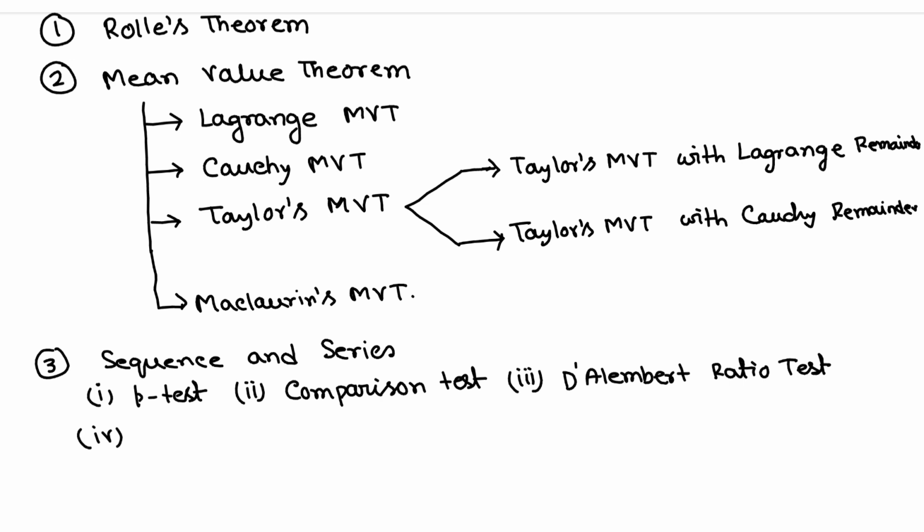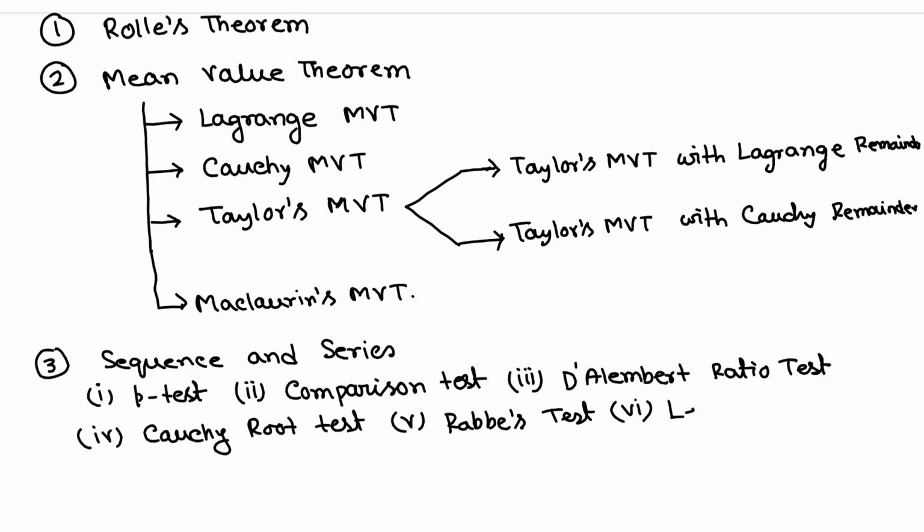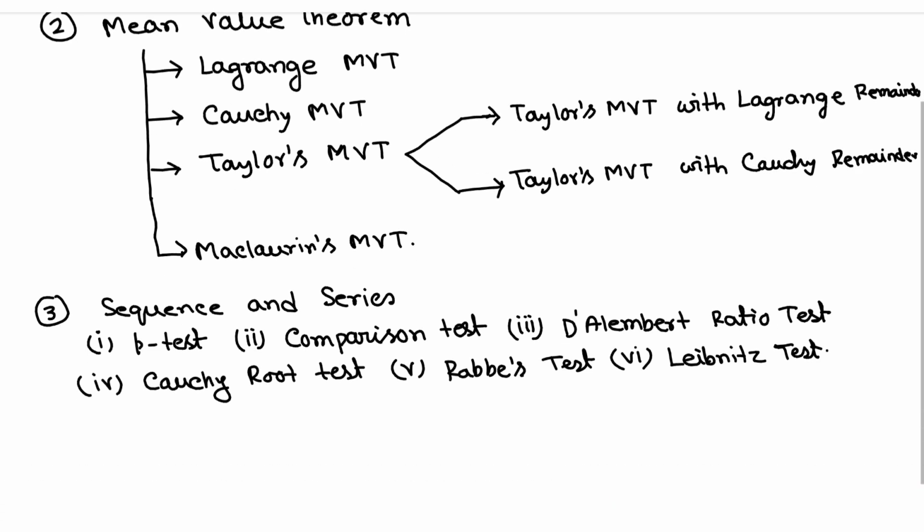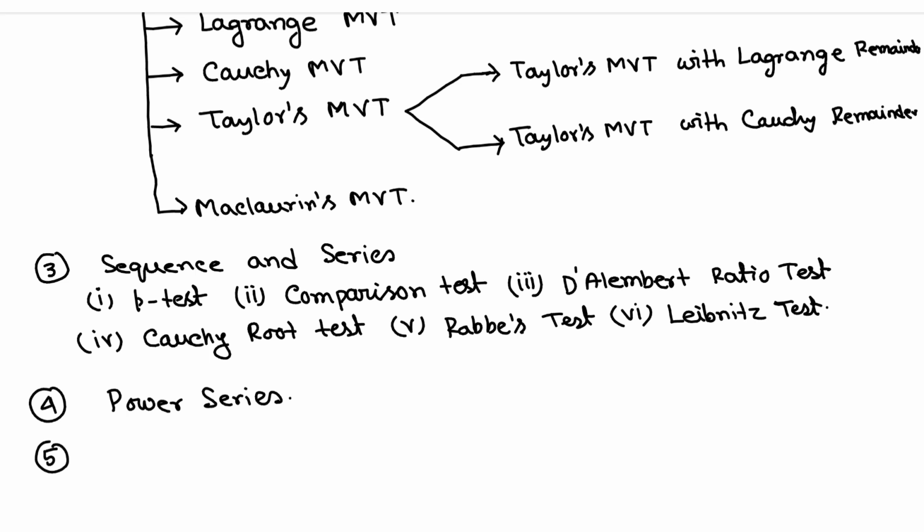Number 4, Cauchy root test. Number 5, Raabe's test. And number 6 is Leibniz test. Okay, also you have in your syllabus 4th topic, this is power series. Okay, and the last topic is Taylor series.